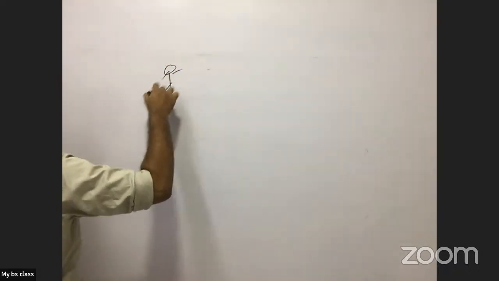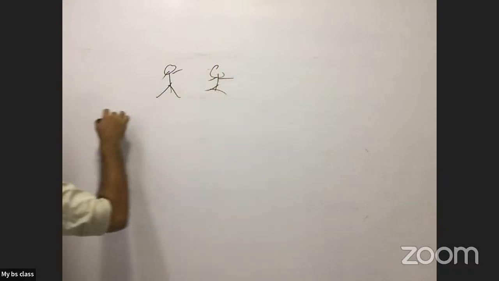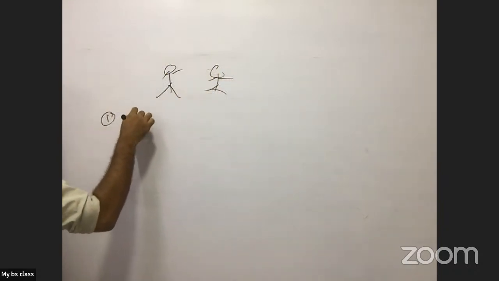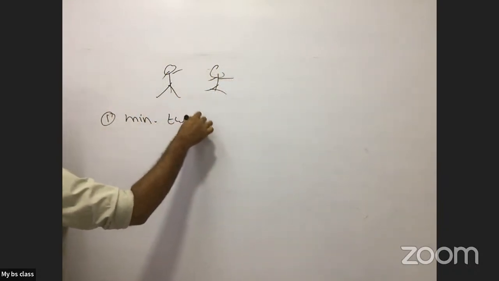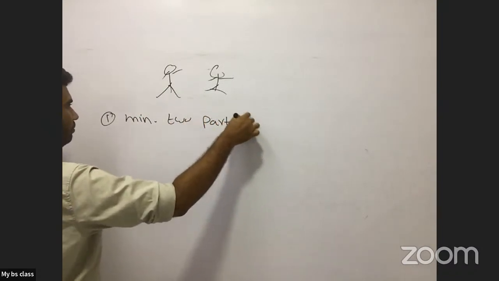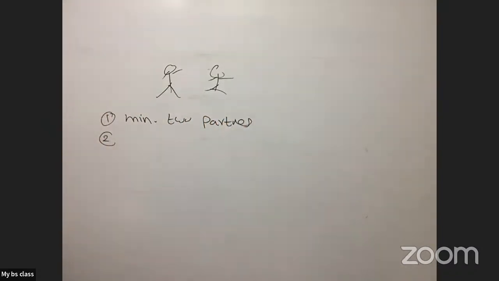Right. So to make a possible exchange, there must definitely be two persons. So minimum 2 parties should be there. That is the number 1 criteria. Each party needs to have something to offer.